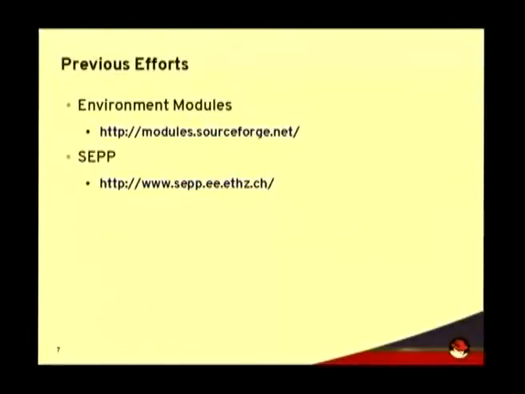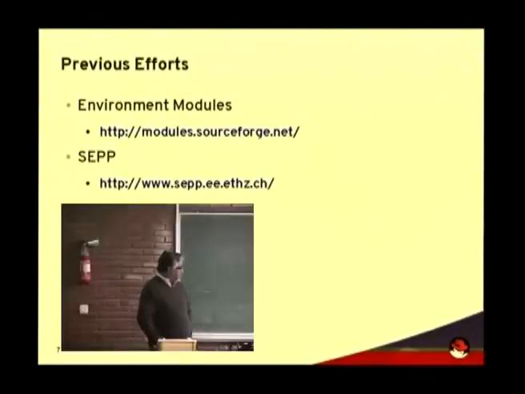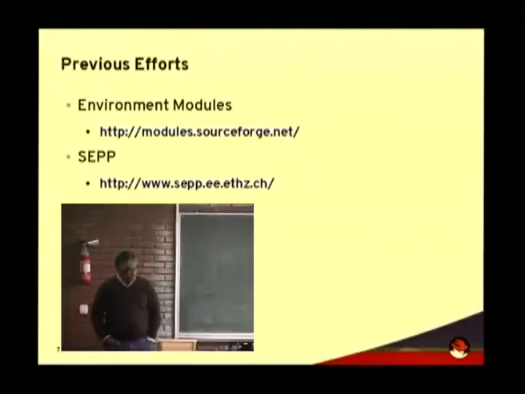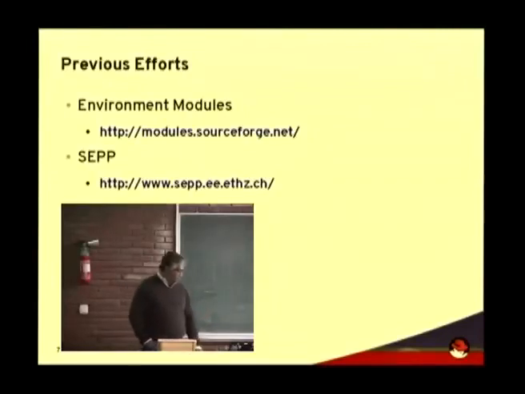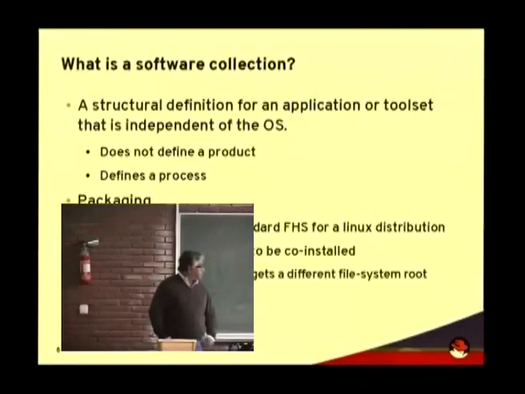There was another effort called Simple Packaging, done by Tobias Oettinger, also in the '98 timeframe. So there have been efforts on how you manage different versions of applications and how you provide utilities to look at this.